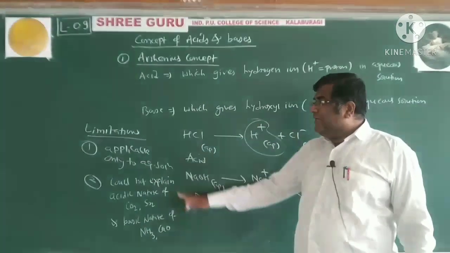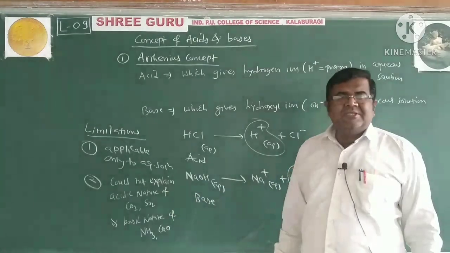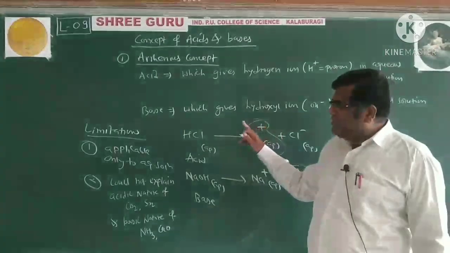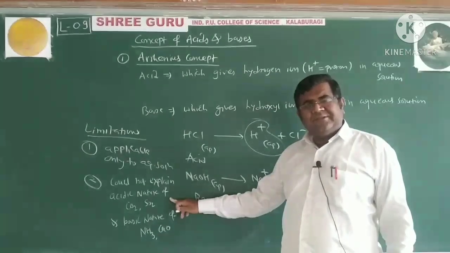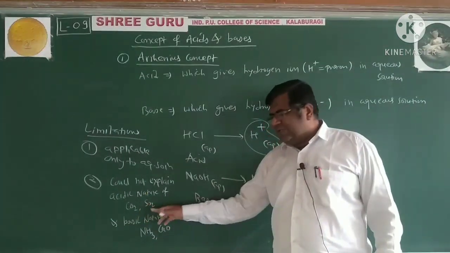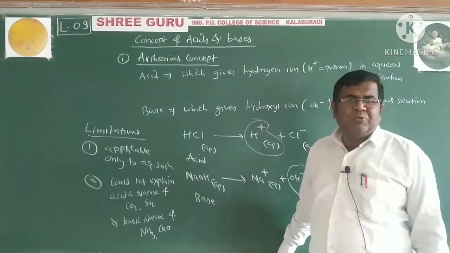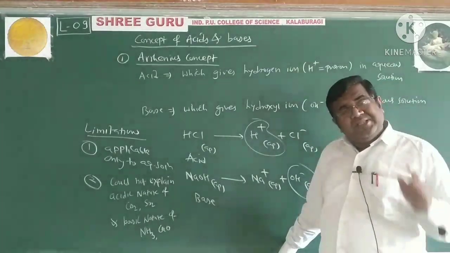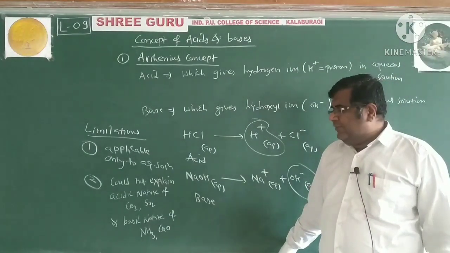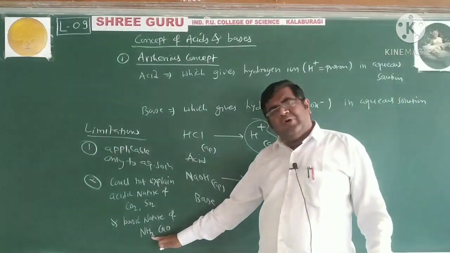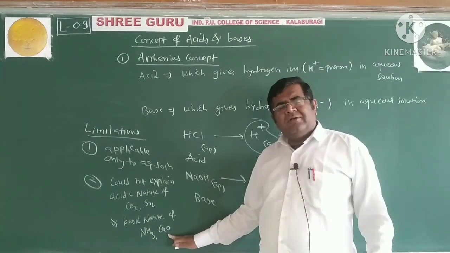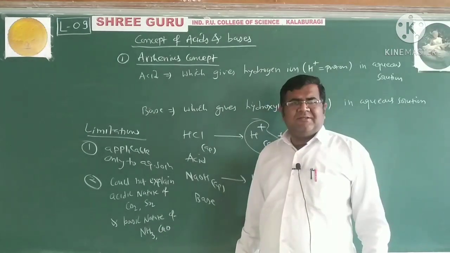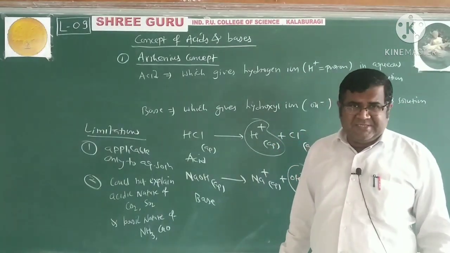These are the two limitations of this concept: that only aqueous medium is required, and there are many substances which are acidic but could not give H plus ion. There is no H plus ion in CO2. There is no H plus ion in SO2. Still they are acids by their properties. And NH3 could not give OH negative ion. Calcium oxide could not give OH negative ion. Still they are bases. Arrhenius could not explain this.